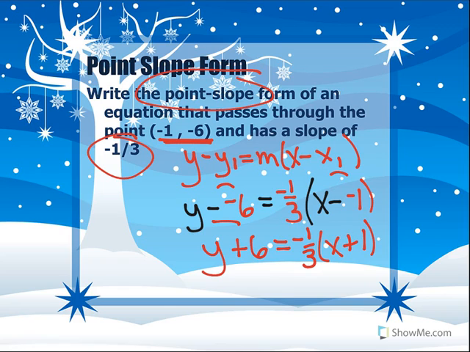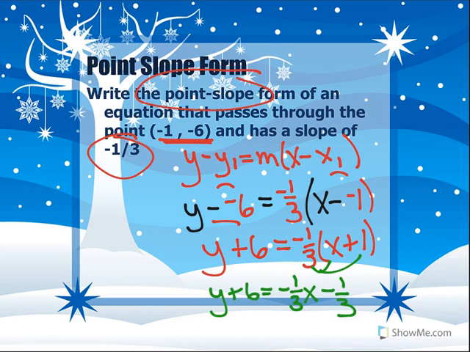Sometimes, and we'll just do one example here, we're going to want to rewrite the equation in a simpler form, such as y equals mx plus b. If this one were asking us to write our equation in slope-intercept form, then we would solve for y. First thing we would do is distribute, so I'd get -1/3 x minus 1/3.